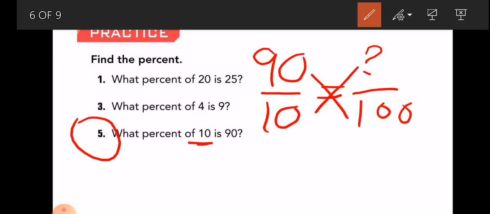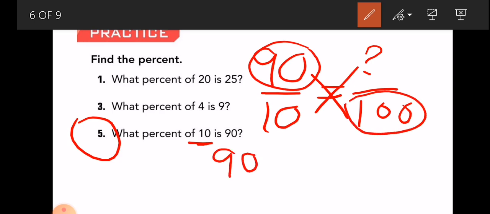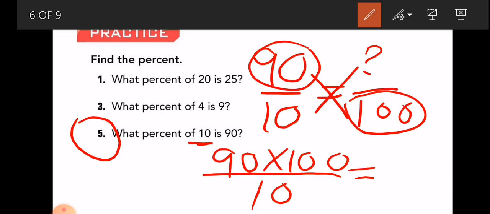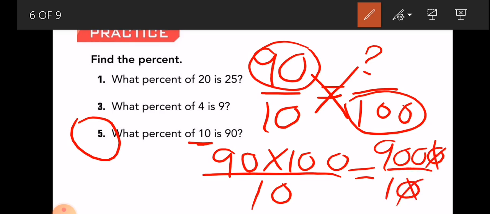I should multiply 90 by 100, then divide by 10. 90 multiplied by 100 gives 9,000. Then I divide by 10, cross 0 with 0. So it's 900. 900 what? Percent. Don't forget to put the symbol. Okay, let's see more questions.